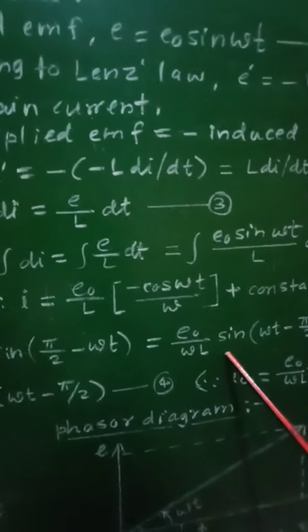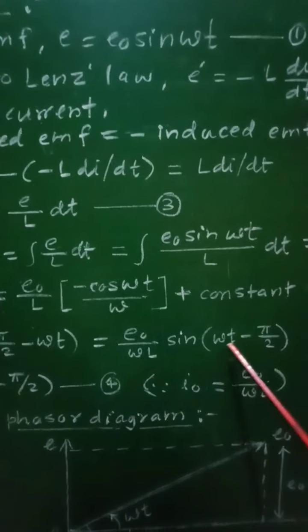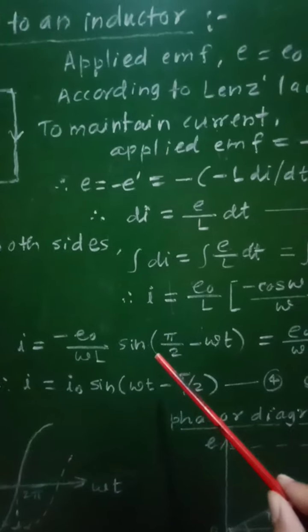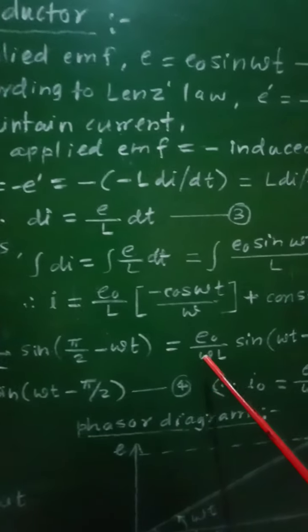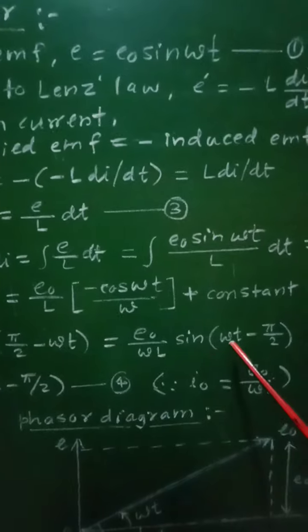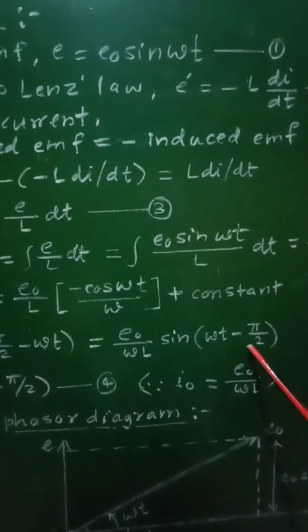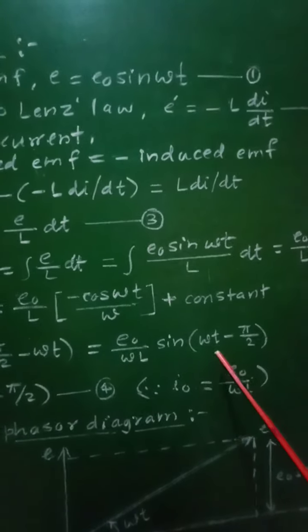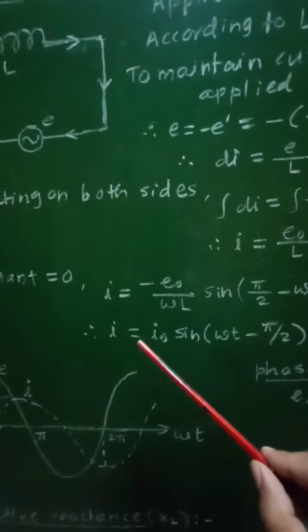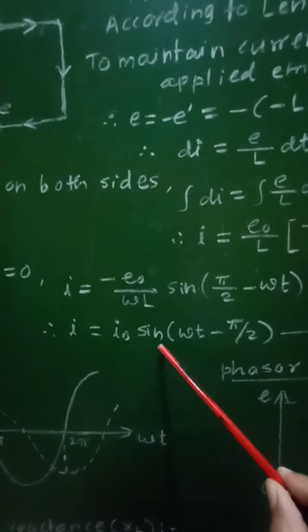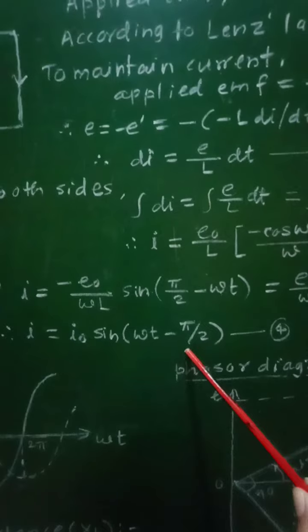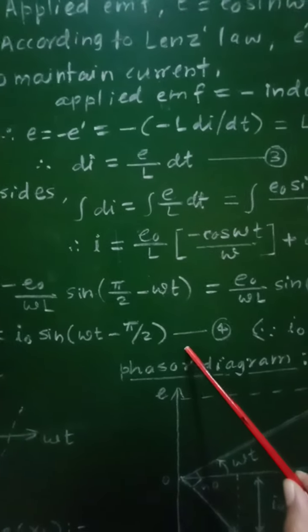That is, minus sine of pi by 2 minus omega t will be written as sine of omega t minus pi by 2. So this will be written as I is equal to I0 sine omega t minus pi by 2, as equation number 4.